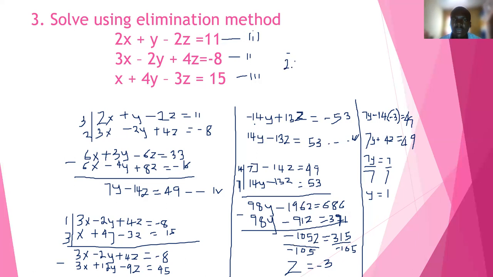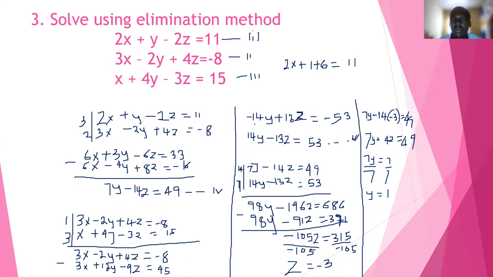We will have 2x plus y, which is 1, minus 2z, which is z is negative 3, so it will be positive 6, is equals to 11.